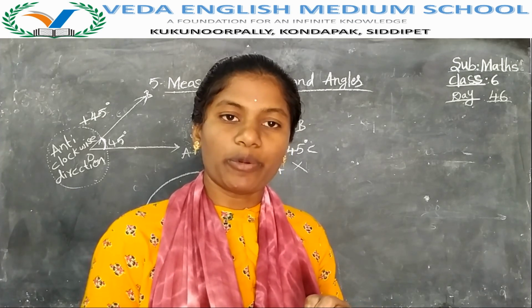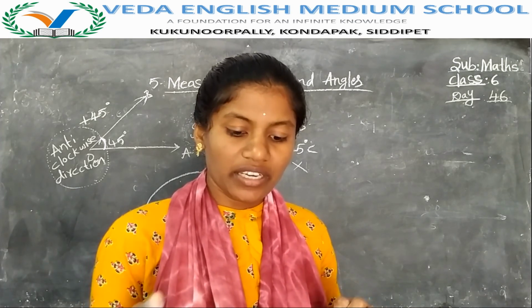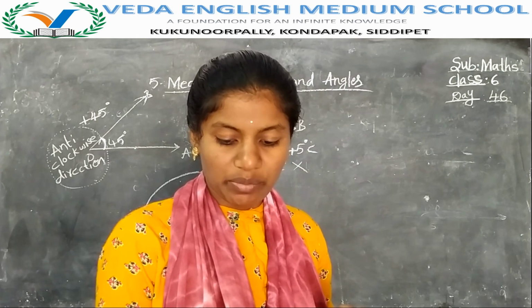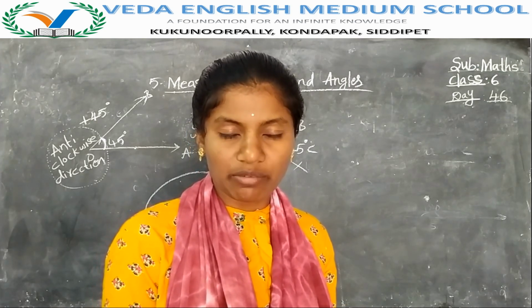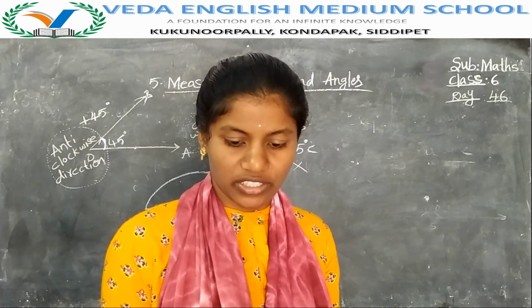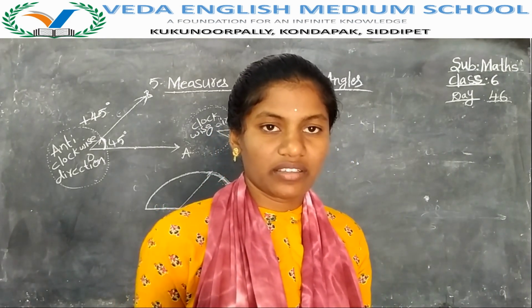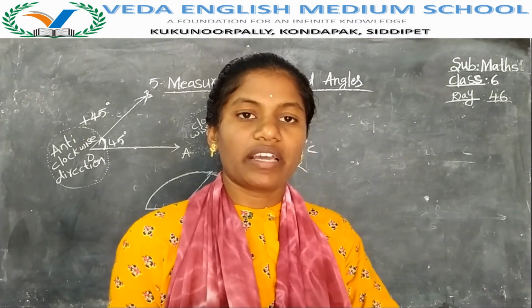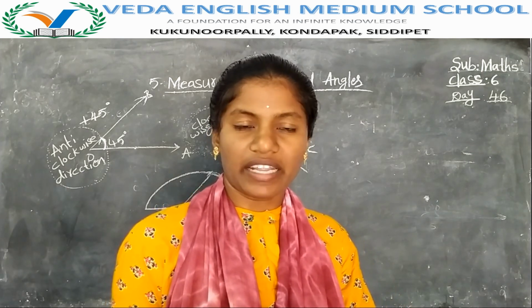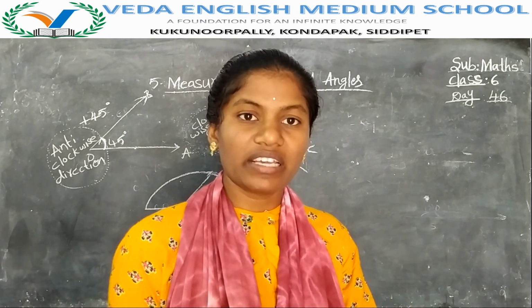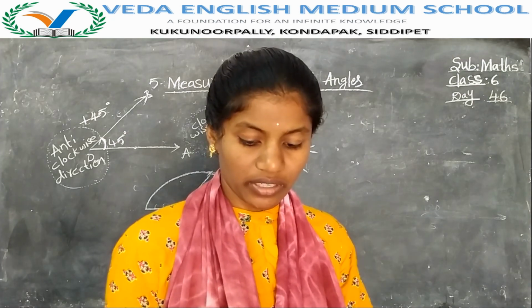Fourth one, obtuse angle, means 90 to 180. Next, straight angle, means exactly 180. Reflex angle means 180 to 360, and afterwards complete angle. Today we have learned acute, obtuse, right angle and straight angle. In the next class we will learn zero angle, reflex angle and complete angle.